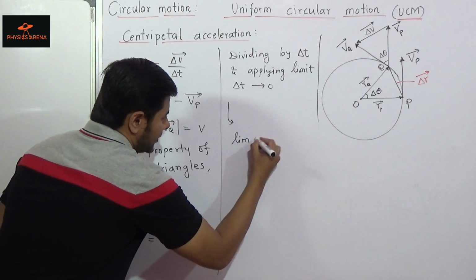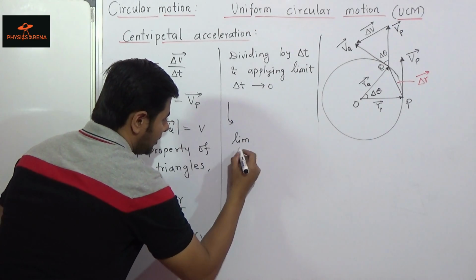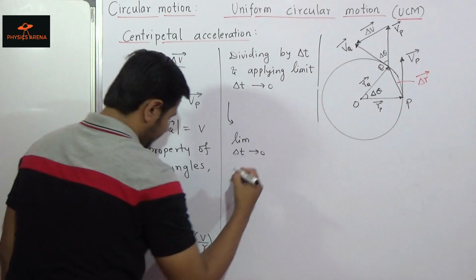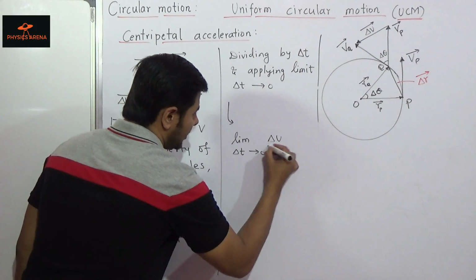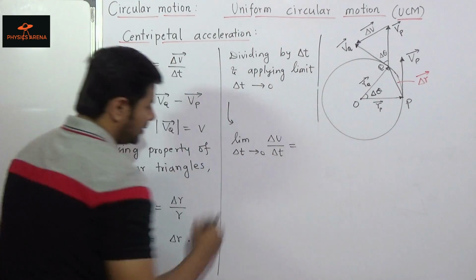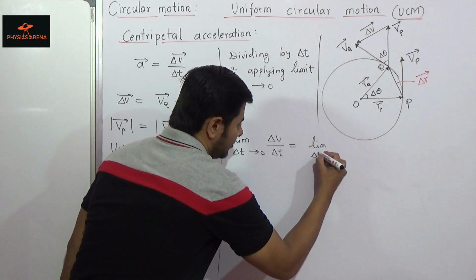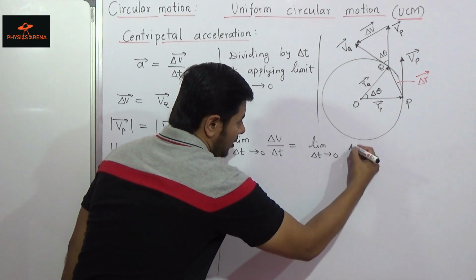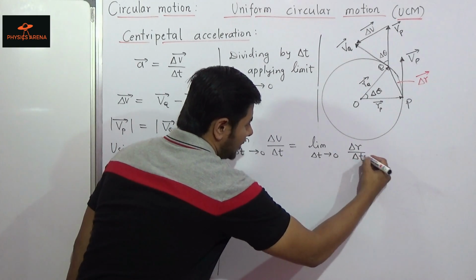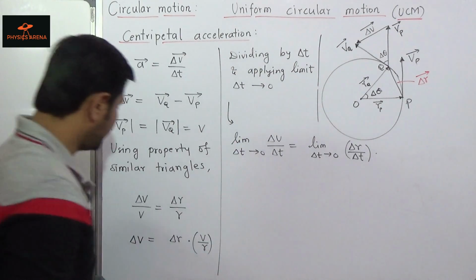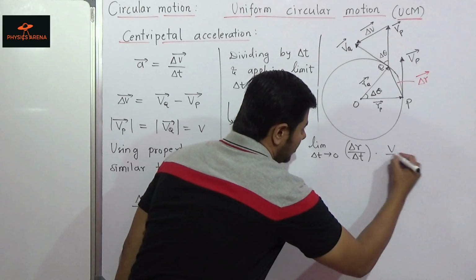So limit delta t tends to 0, delta v by delta t is equal to limit delta t tends to 0, delta r by delta t multiplied by v over r.